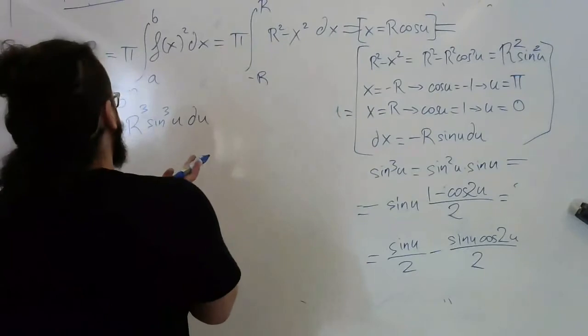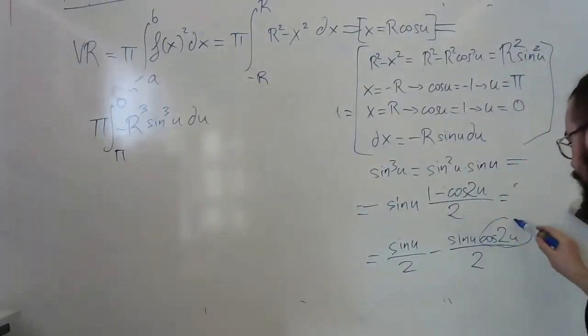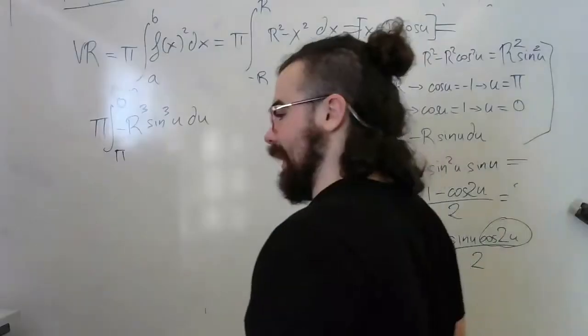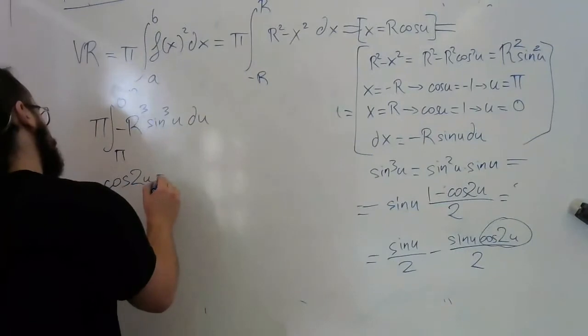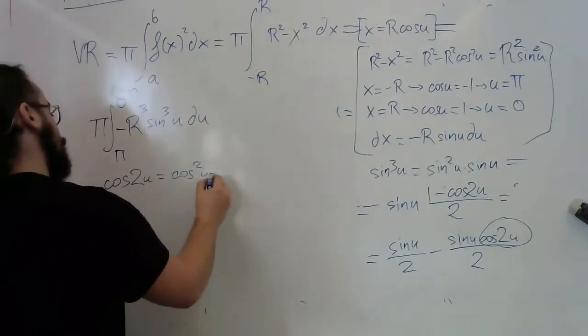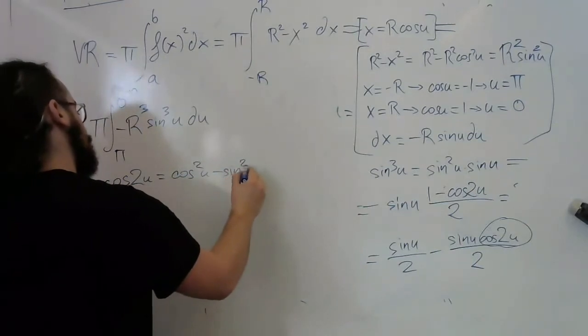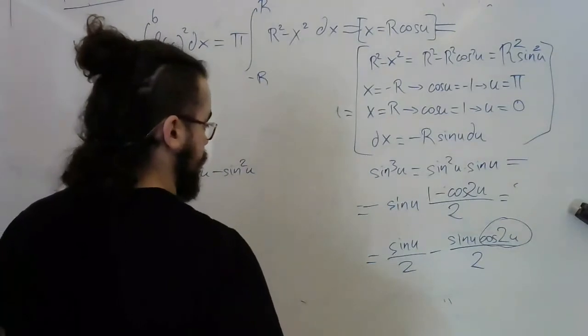But now, let's notice one more thing. I'm going to play with this cosine and make it dance to my rhythm. Cosine of 2u is cosine square of u minus sine square of u. Very good, huh?